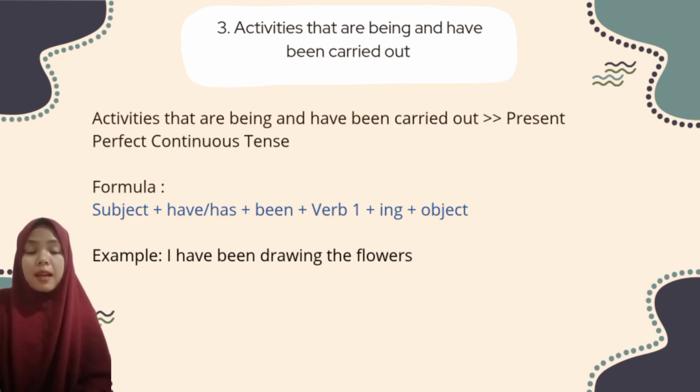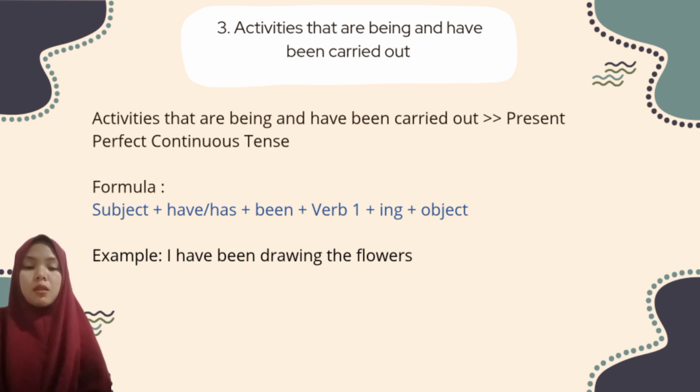Third, activities that are being and have been carried out. To make this sentence, we use the present perfect continuous tense. The formula is subject plus has or have plus been plus verb 1 plus ing plus object.